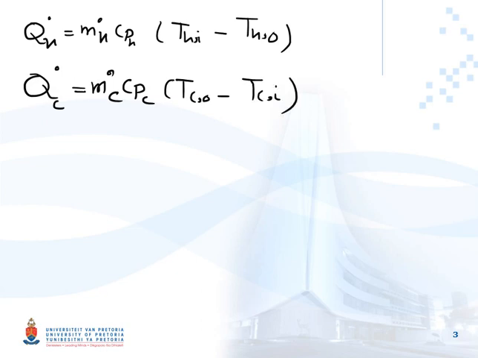Okay, so we mentioned that m dot h, we have it, is equal to 5.